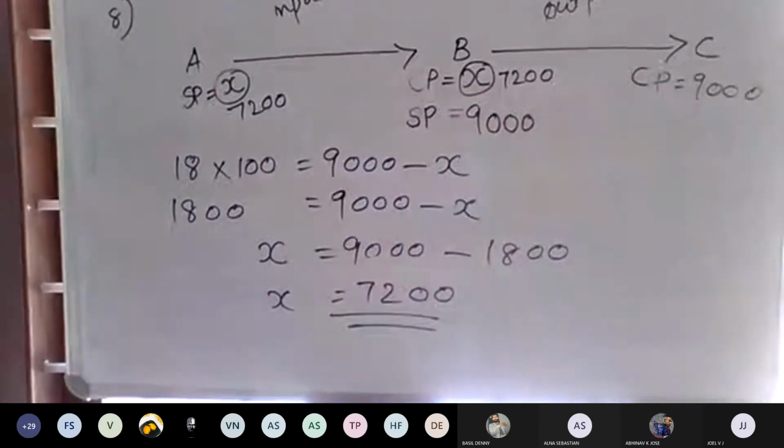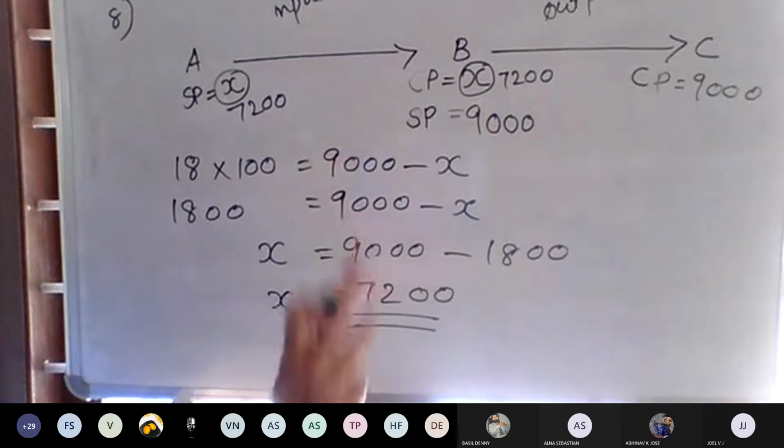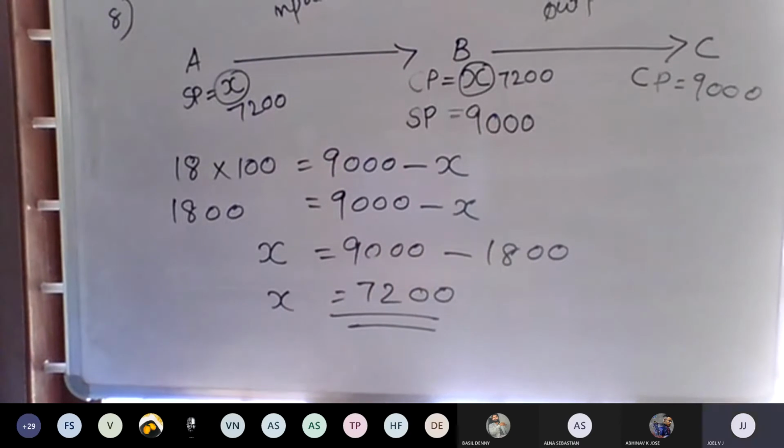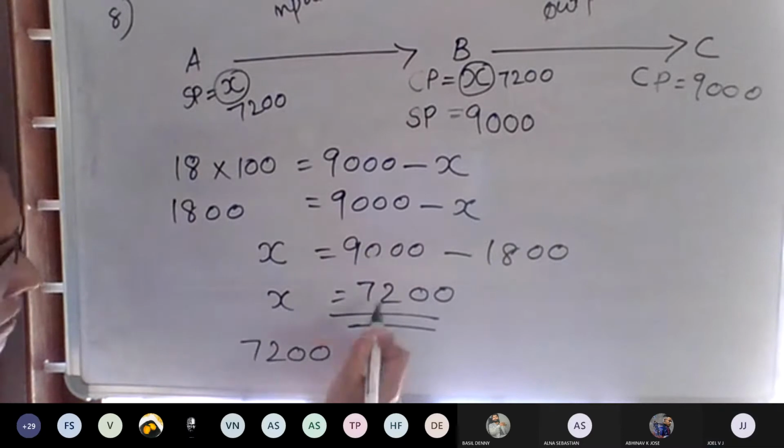Now we want to find out the amount including GST paid by dealer B. It will be that amount plus, tell me, that is cost price plus what?